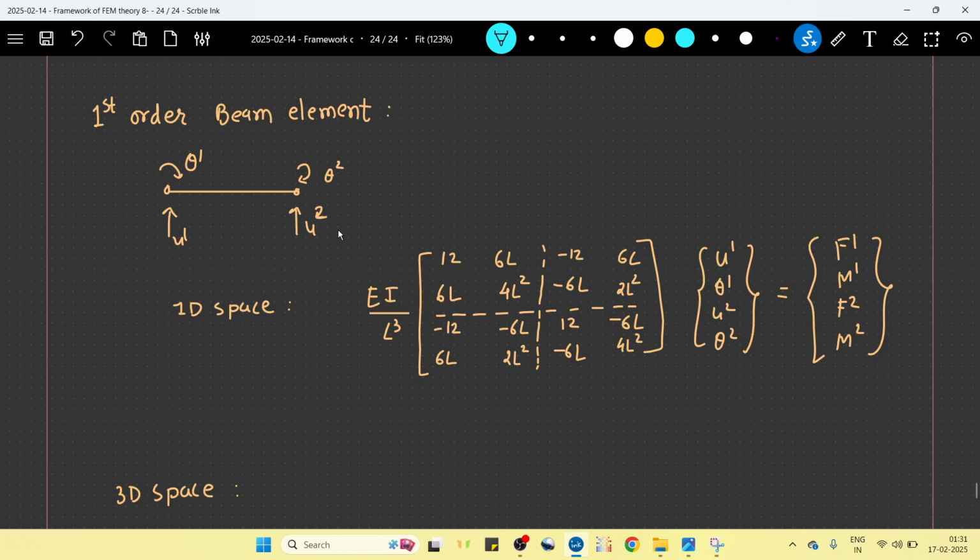And for the first order beam element, which has translation plus rotational degree of freedom, the degree of freedom per element is 4. So the stiffness matrix is 4 by 4, and these are 4 by 1 and 4 by 1.